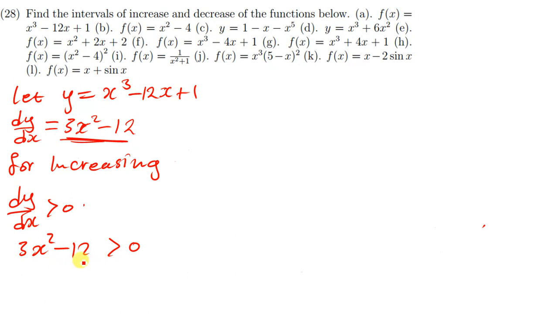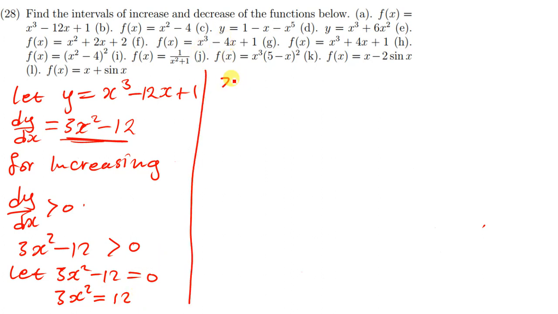First of all, before we do that, we can find the critical points of this given equation. How do we do that? We let this equation 3x squared minus 12 be equal to 0, so that 3x squared is equal to 12. Then dividing everything by 3, we get x squared is equal to 4.